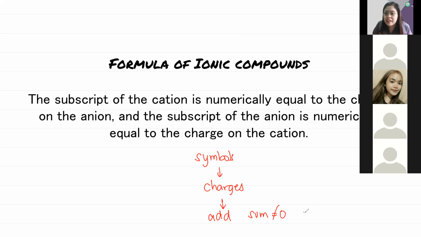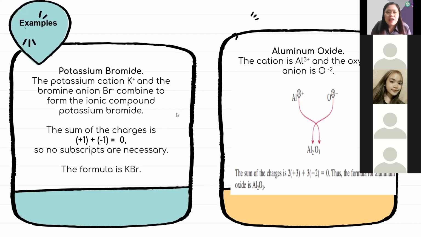But if the sum is not equal to 0, that's the time we do the criss-cross. That's for the formula.